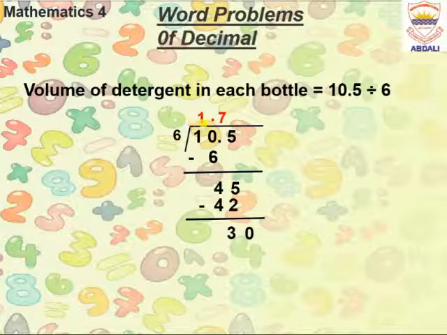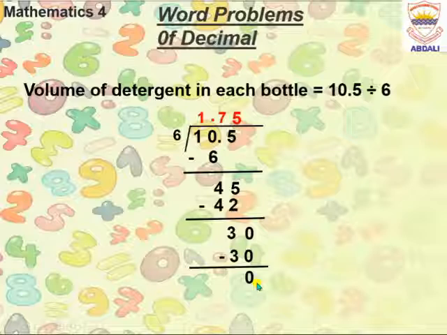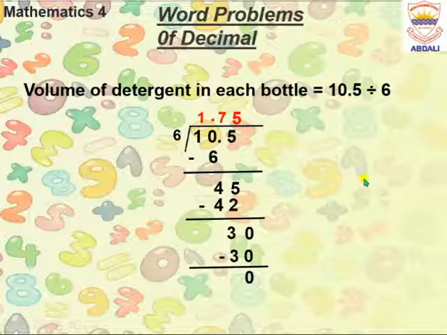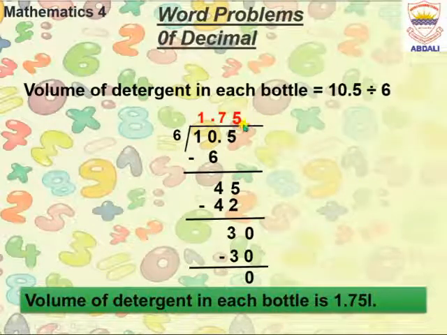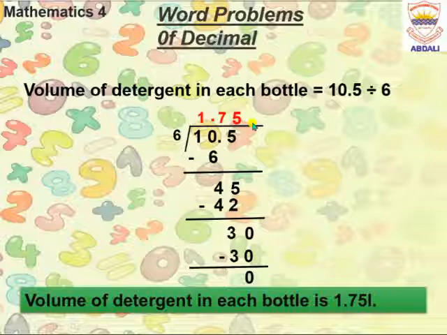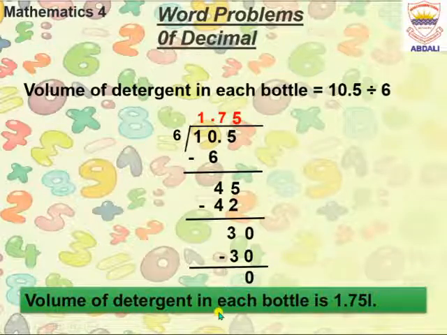So 6 5s are 30. 30 minus 30 will give us 0. So our division is complete. It means each container has 1.75 liter.